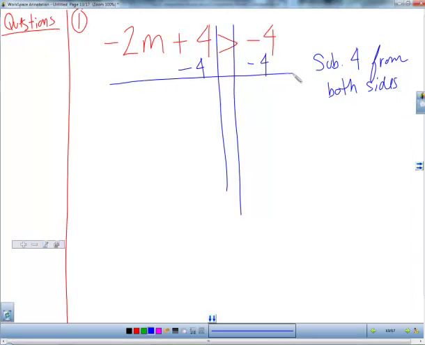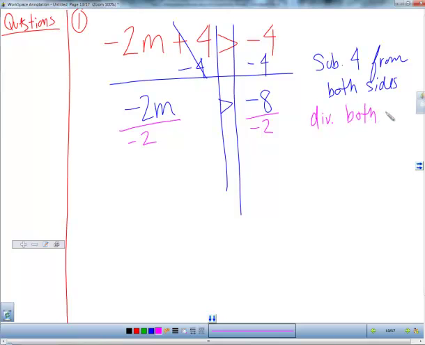Whenever I do that, these cancel and I get negative 2m is greater than negative 4 minus 4, which gives me a negative 8. My next step is to divide both sides by negative 2, because that's what I'm currently multiplying by.